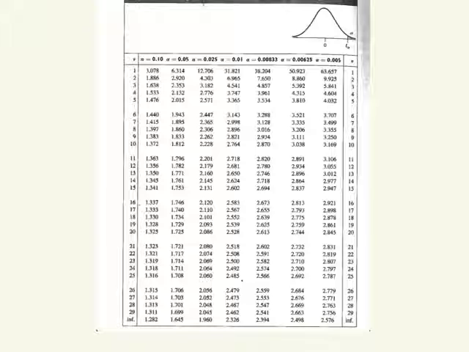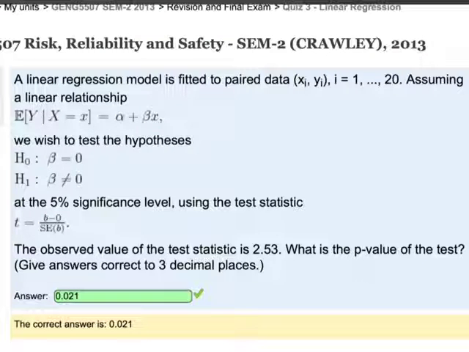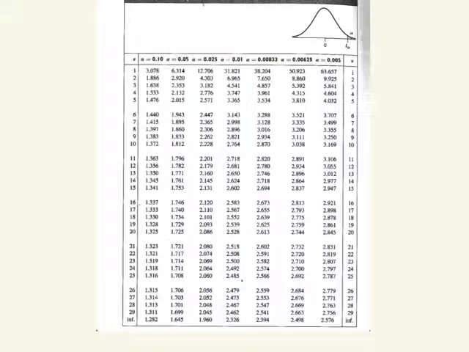So the question in this case, we've been given, what was it, 2.53? Let's have a look. So yeah, 2.53. We know that we've got 18 degrees of freedom, and so we're looking for the number 2.53, and you can see that we don't quite have it here, and we're going to get a value somewhere between this point and this point, somewhere between 2.101 and 2.55, so we want 2.53.